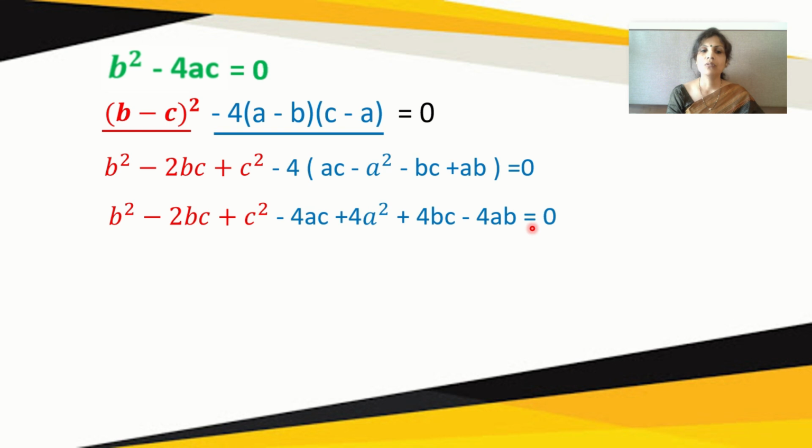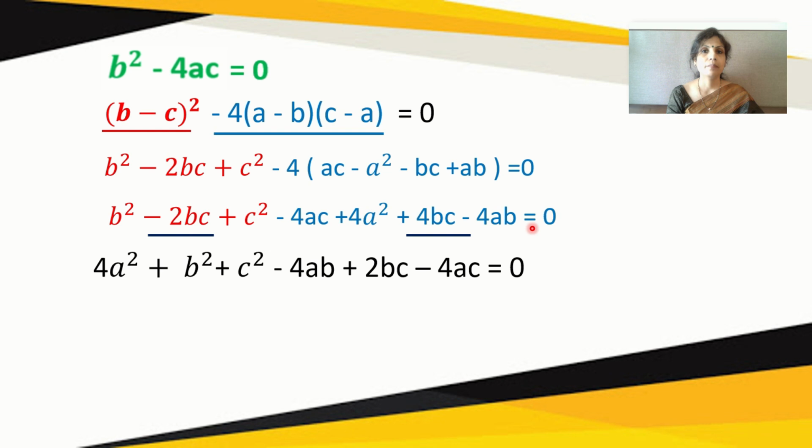Alright, now this minus 2bc and plus 4bc will be plus 2bc, and let us rearrange the terms. So we will first write 4a square, then b square, then c square, then minus 4ab plus 2bc minus 4ac is equal to 0.